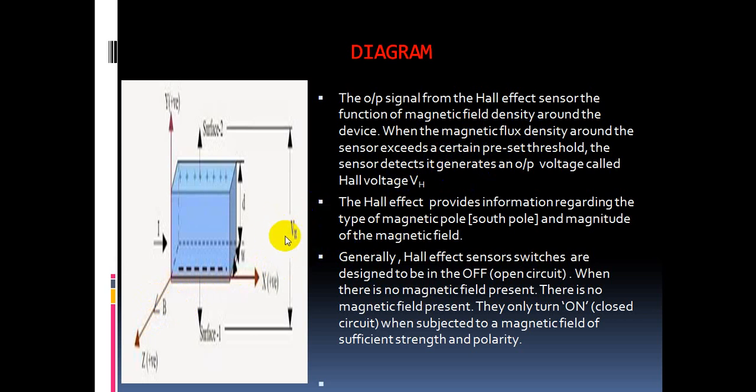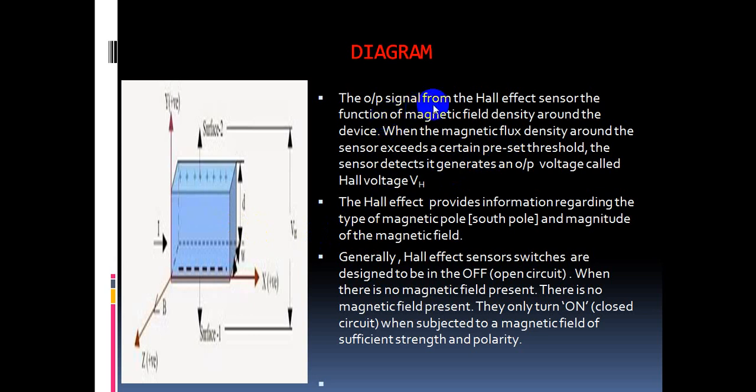That voltage is called Hall voltage, which is determined using a voltmeter. If any magnetic field exceeds this preset value which is already given, then the corresponding voltage also changes by the phenomenon of Hall effect. So if there is any change in preset condition, that change is sensed by the sensor by the principle of Hall effect. So that's why this sensor is called Hall effect sensor.